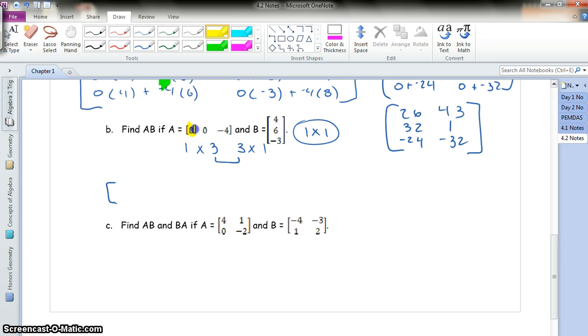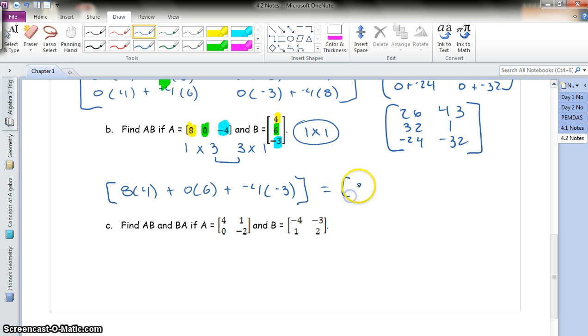Alright, so let's do this. So I'm taking row 1 by column 1. So I get 8 times 4 plus row 2 times column 2, 0 times 6, plus row 3 by column 3, negative 4 times negative 3. Simplify your matrix.